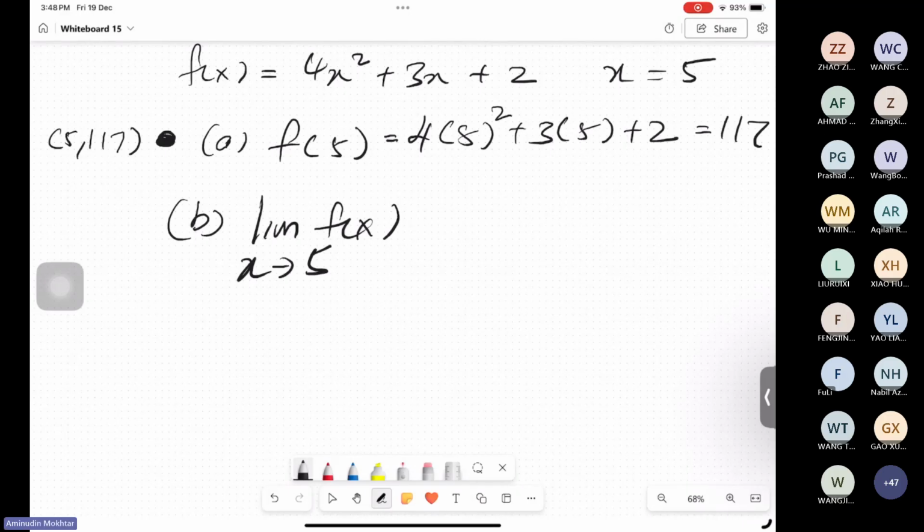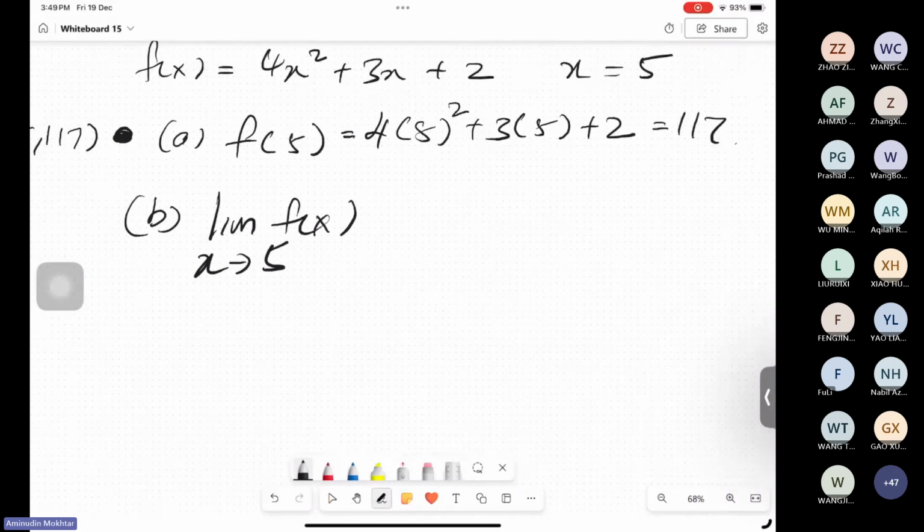Okay, so how to find the limit? In this case, we need to check whether the limit exists or not when x equals 5. So how to check? First, we need to find the right-hand limit and left-hand limit. What is the right-hand limit?